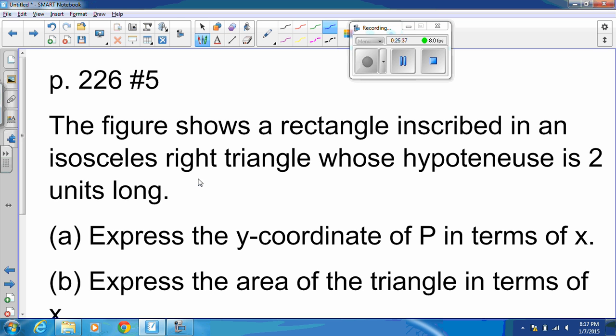Let's take a look at one final problem, and then we'll call it a day. On page 226, number 5, they have a figure. We'll go ahead and sketch out that figure, like so.